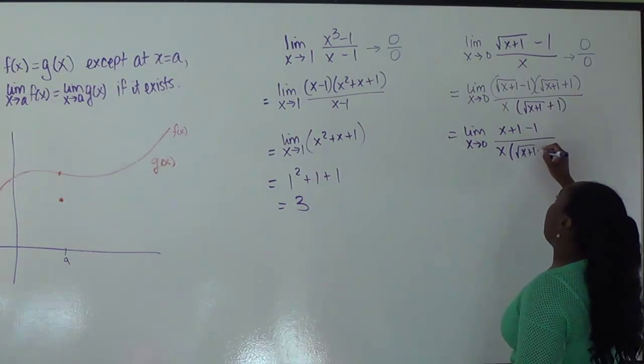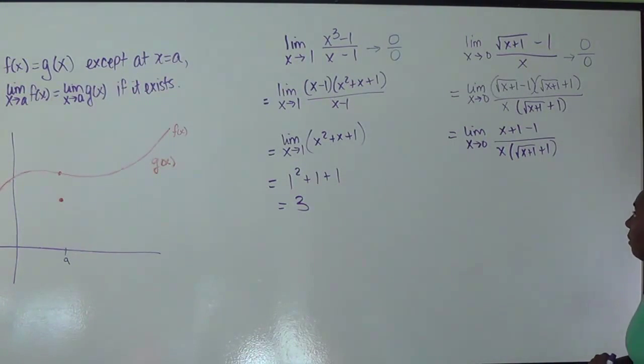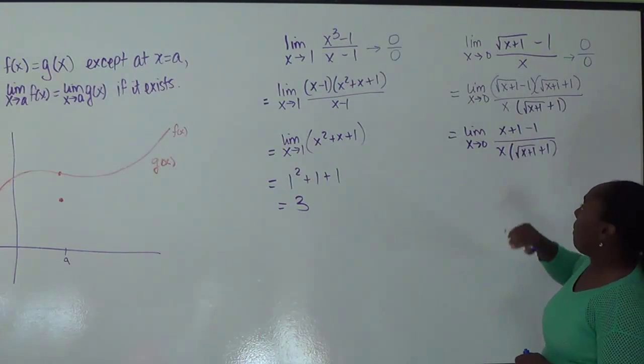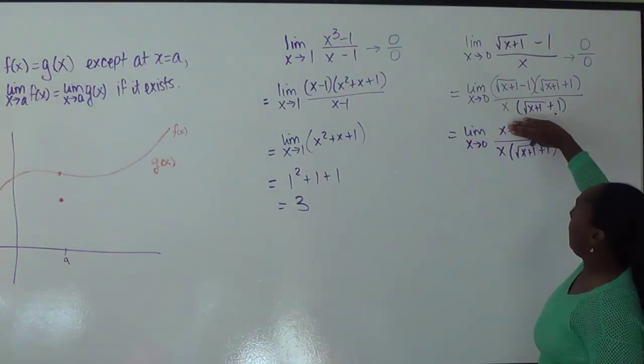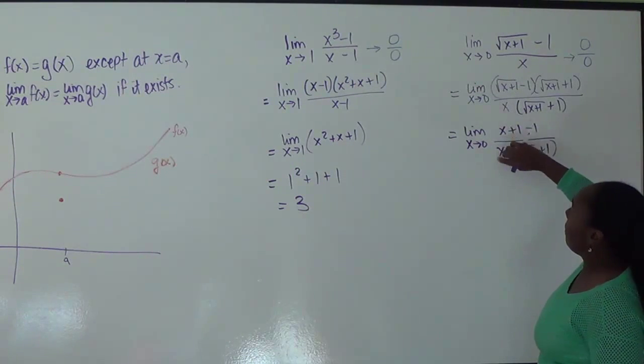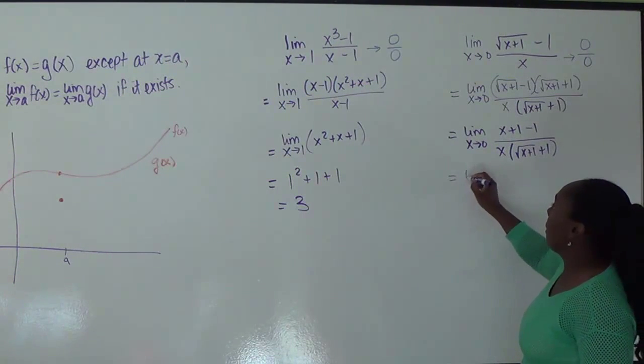We do get a root in the bottom, but we'll see later that's not going to be as much of an issue. Okay, so up top I can simplify. I'm basically going to end up with just x. The x over the x will cancel out.